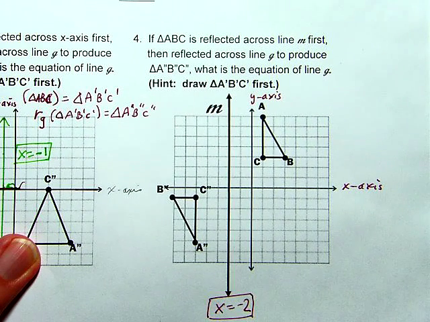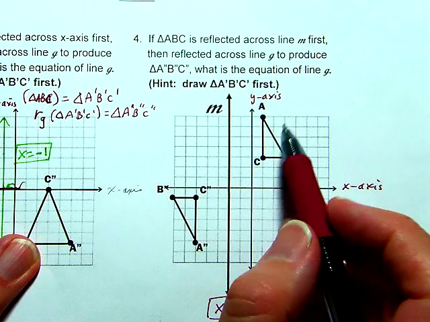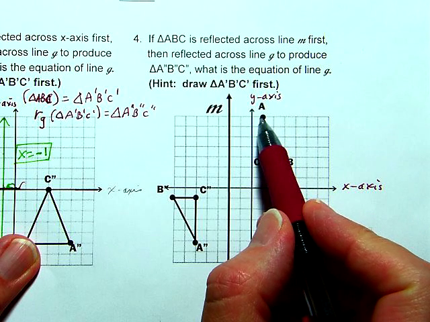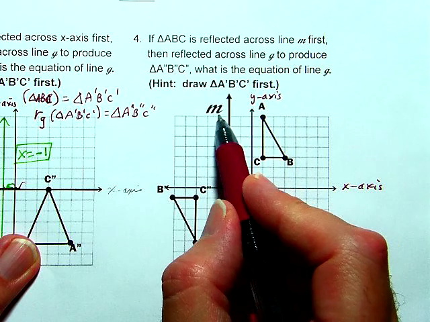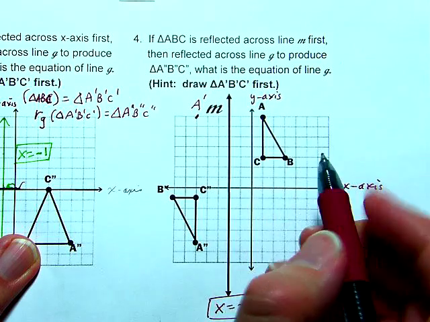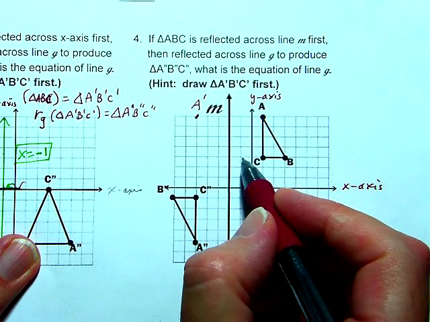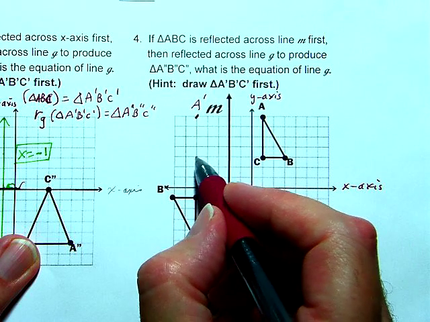Okay, so let's go ahead and start reflecting point A, B, and C over line M. So A is 1, 2, 3 units to the right of M. So A prime would be 1, 2, 3 units to the left. C is 1, 2, 3 to the right. So C prime would be 1, 2, 3 to the left.